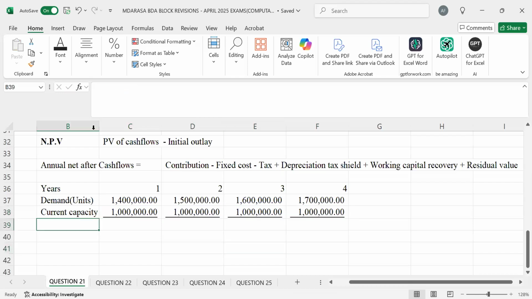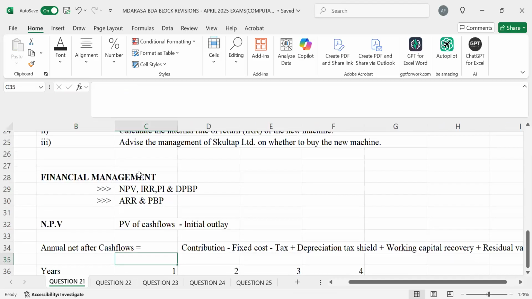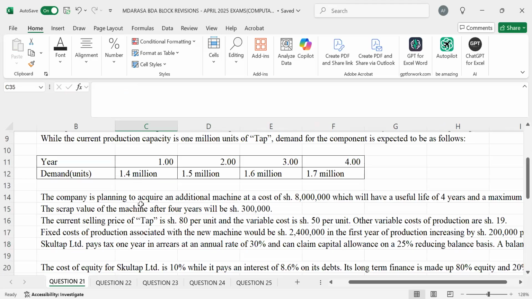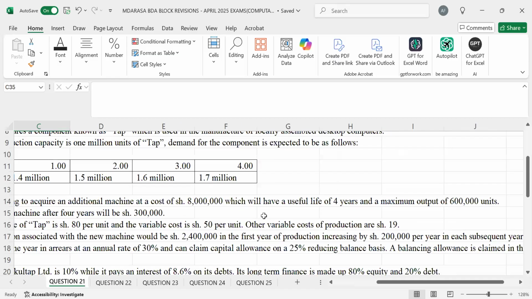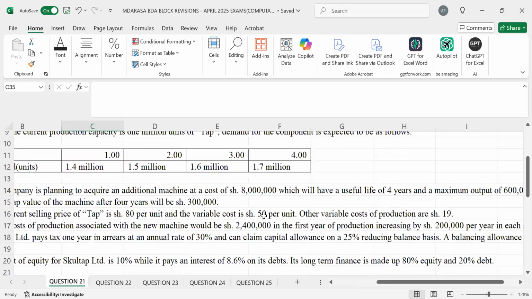The company is planning to acquire an additional machine at a cost of 800, which will have a useful life of 4 years and a maximum output of 600,000.